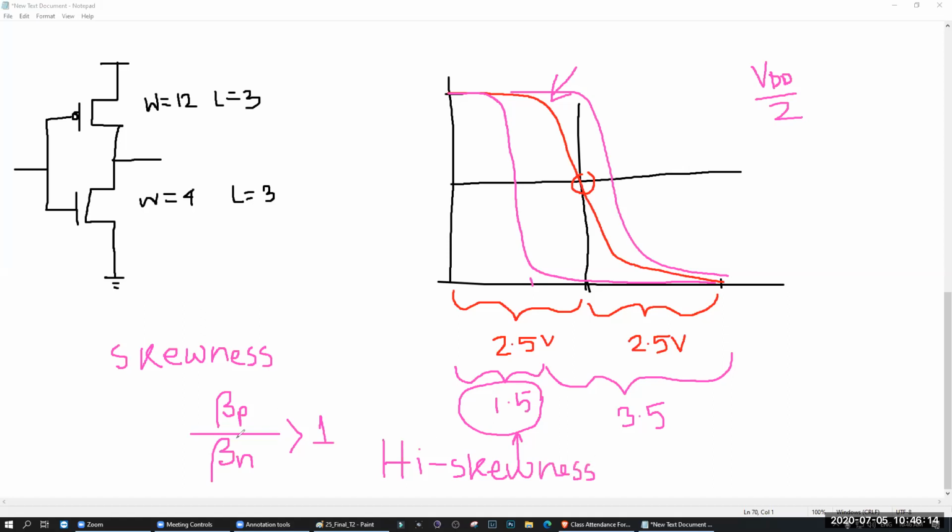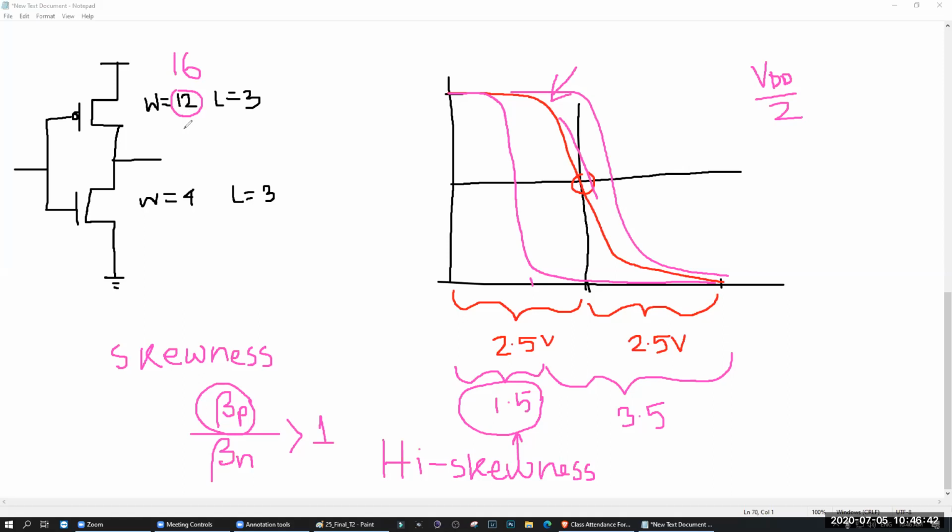When beta P is bigger, let's say you make this 16, that time it will go that way. Remember when we started with 13, that time it was a bit here, right? When you make it 12, it got back, right?